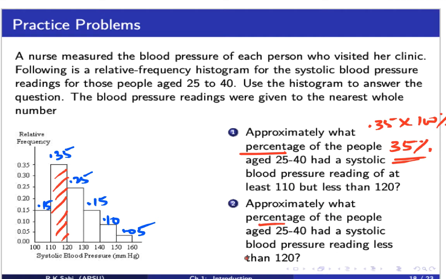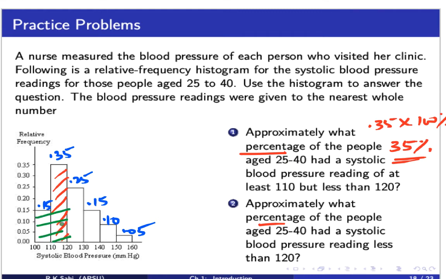Approximately what percentage of people aged 25 to 40 had a systolic blood pressure reading less than 120? That means not only including this tall little rectangle representing 0.35, but also the 100 to 110 bar, because that's what the graph is giving.